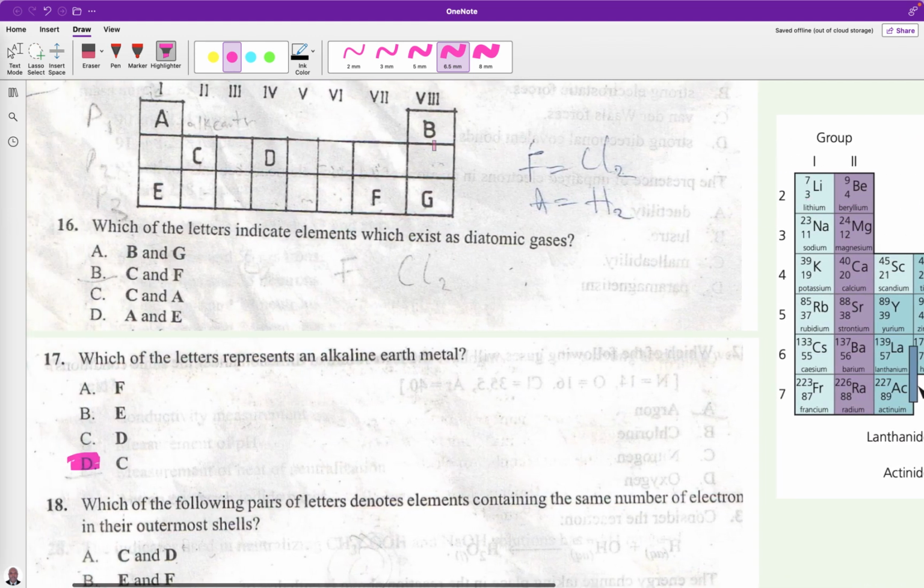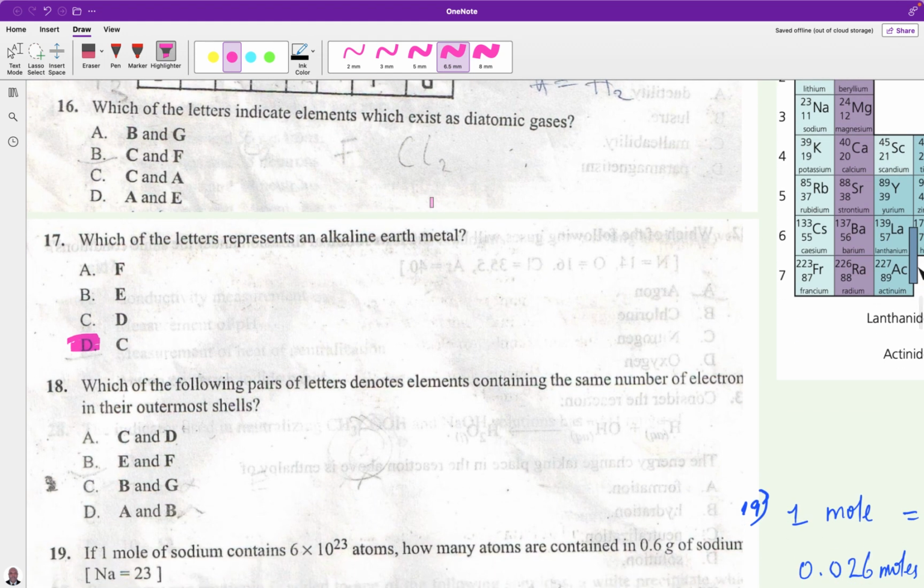So B and G have the same electrons in the outermost shell. So we will have C as our answer for 18. C for 18 is B and G.